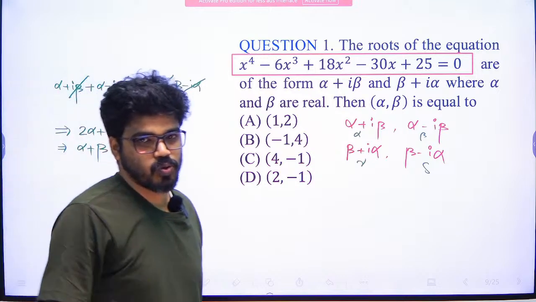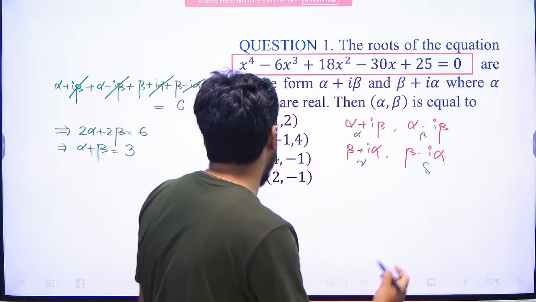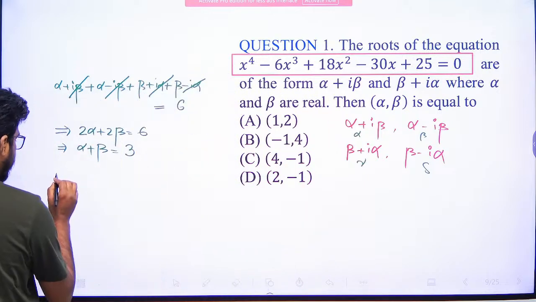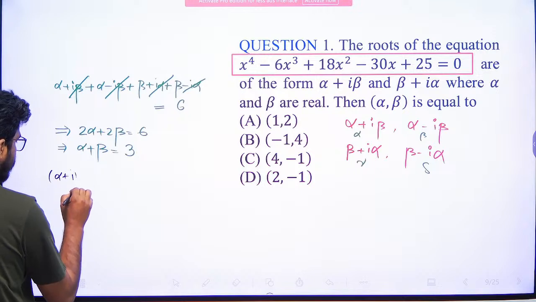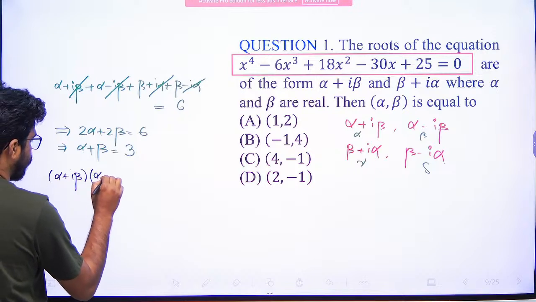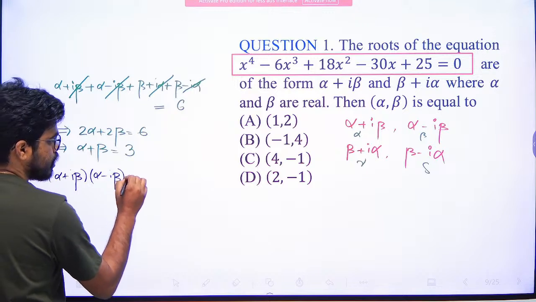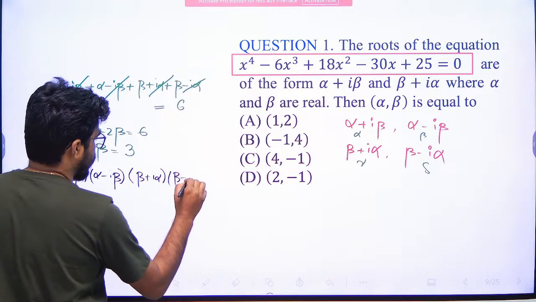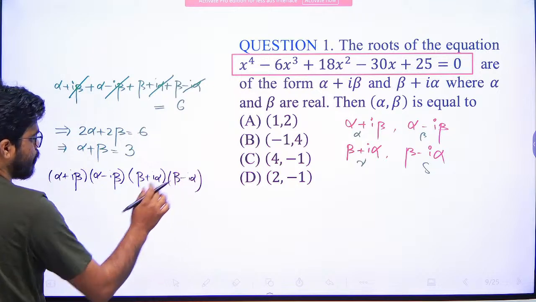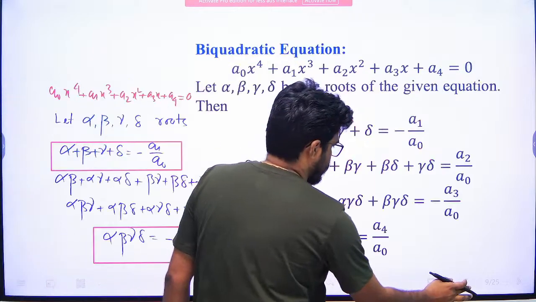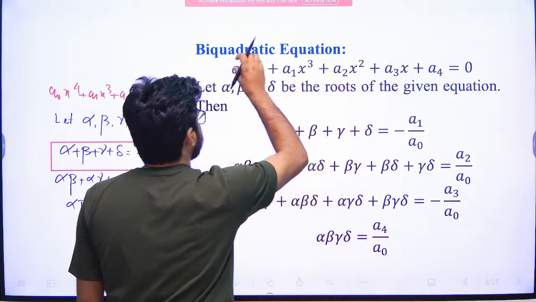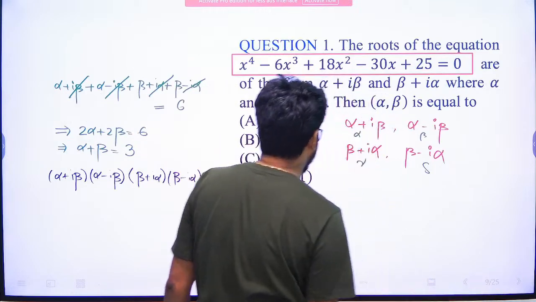Also the product of the roots, alpha beta gamma delta, is alpha plus i beta into alpha minus i beta into beta plus i alpha into beta minus i alpha. The product of the roots is a4 by a0, the constant term by the coefficient of x to the power 4.